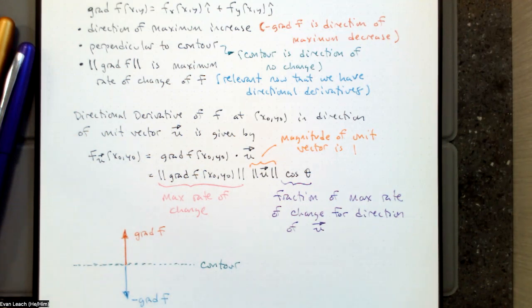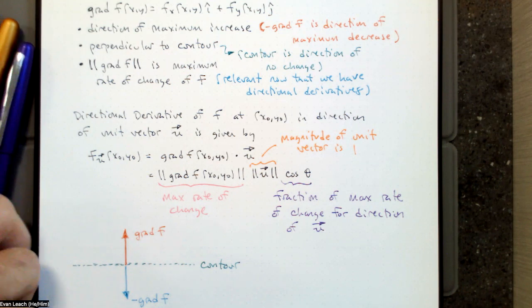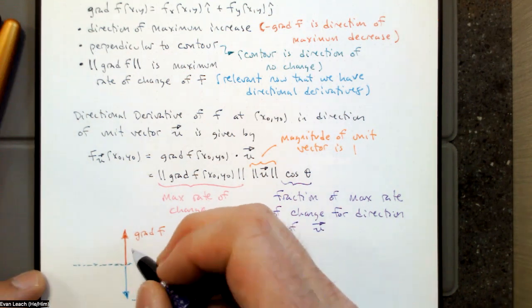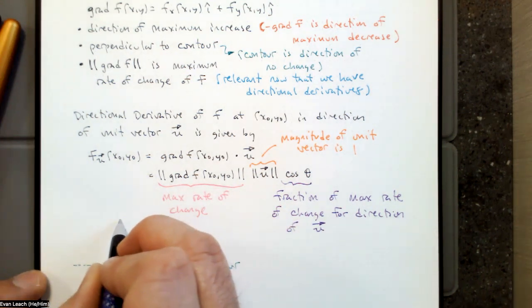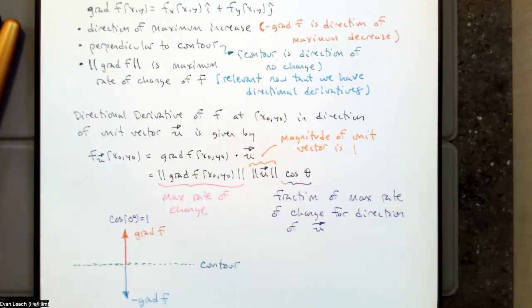We think about all the directions that we can go between the gradient down to the negative gradient. Up at the top, when theta is equal to 0, that represents 100% of the gradient. If we're going in the direction of the gradient, the angle between our direction and the gradient is 0. Cosine of 0 is 1.